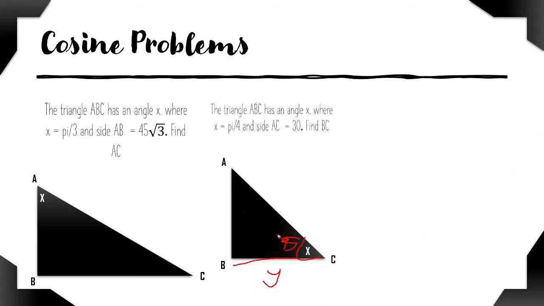So this is 45. Okay. And then side AC is equal to 30. So that means cos of 45 is equal to 30, and that means this is y.